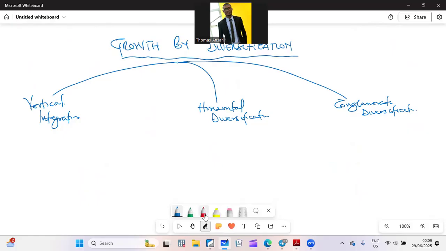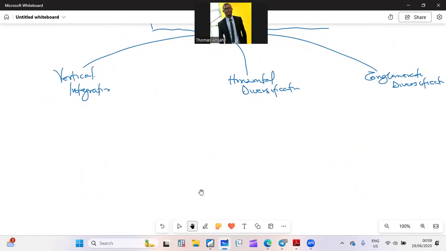Now, when we say vertical diversification, what does it mean? We are looking at a situation whereby existing activities of an organization, you integrate them. All right. So the vertical line is like this. So when you have people who are on the same supply chain, you are integrating existing activities.